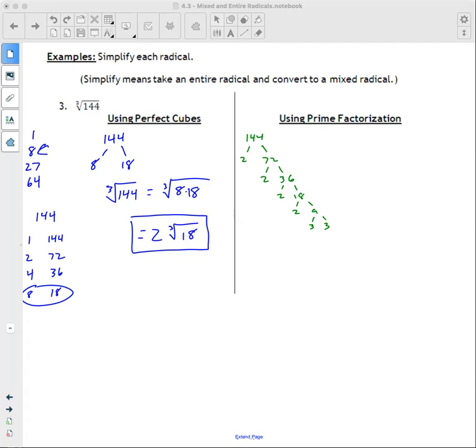And so let's go ahead and rewrite this. And remember, we're looking for groups of 3 here. So the cube root of 144 is equal to the cube root of 2 times 2 times 2 times 2 times 3 times 3. I see three 2s sitting right there. So let's go ahead and take those outside.